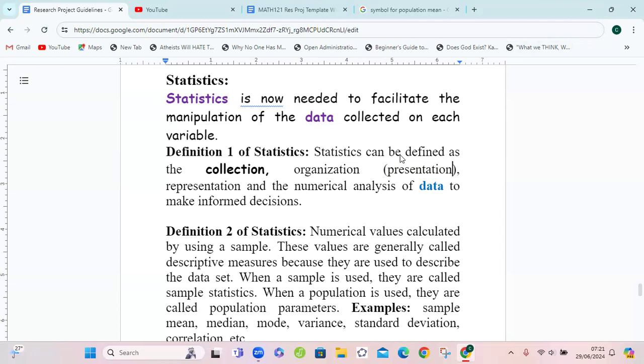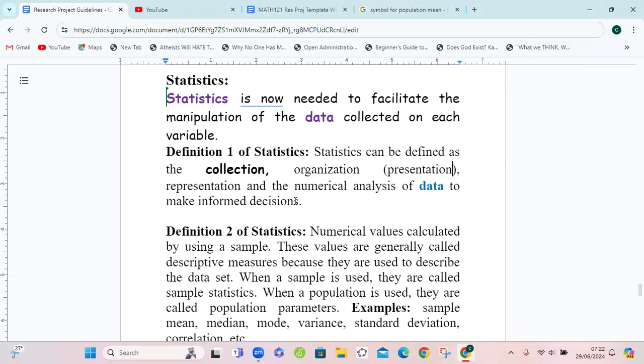Then after that, it has to be represented, that means presented again using diagrams and charts. And then it has to be numerically analyzed. That is the data we are talking about. Collection of data, organization, presentation of data, representation of data to make informed decisions.